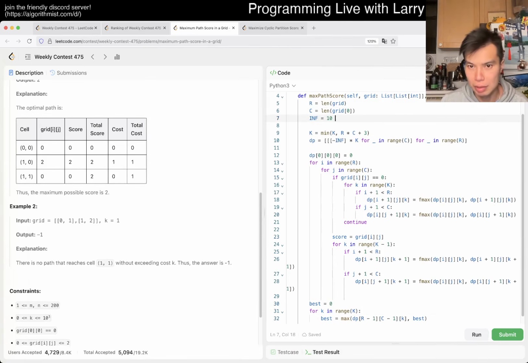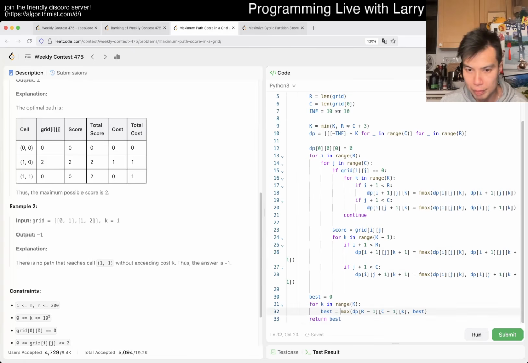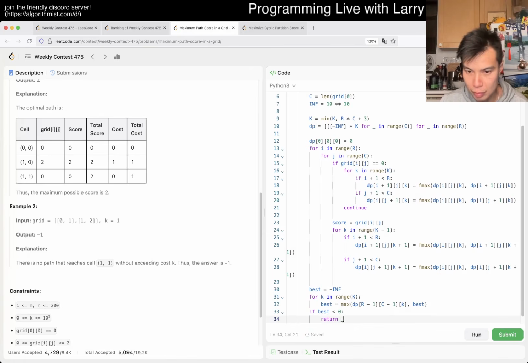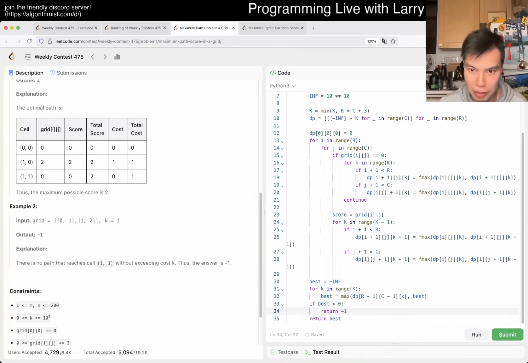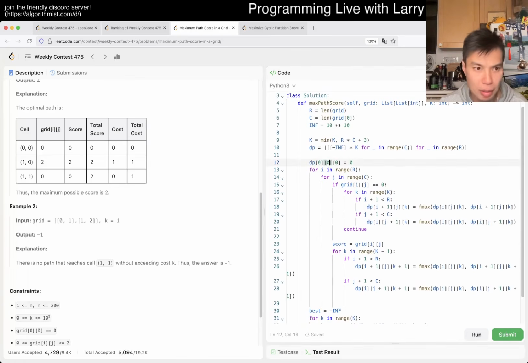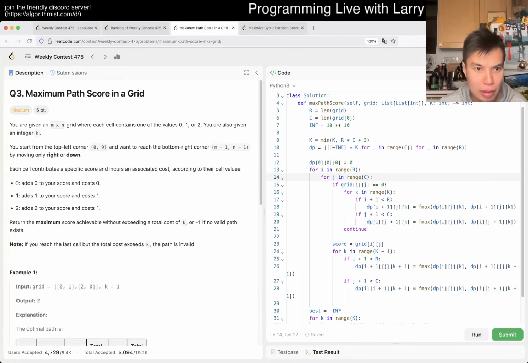I think that's fine. Okay, I mean that's clearly wrong, but so that's 0 0 grid damaging.